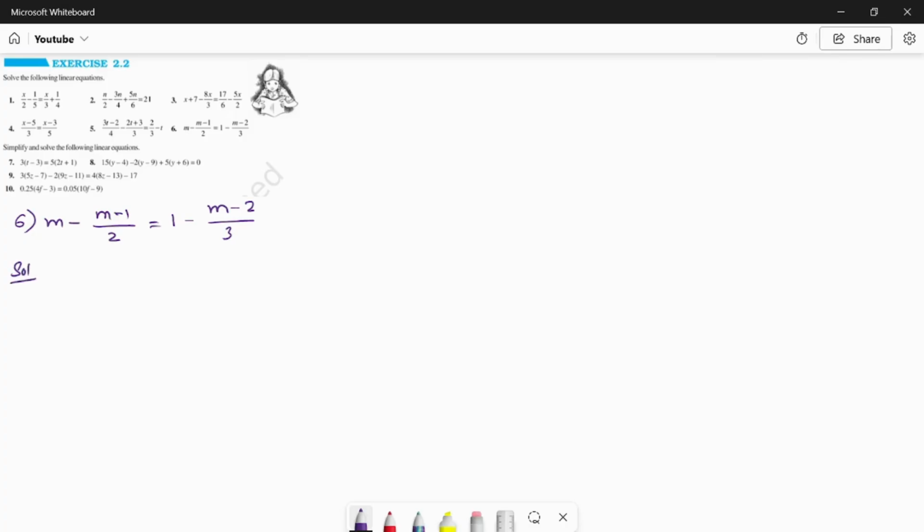Here we have m - m/2 + 1/2 because minus of minus is plus, equal to 1 - m/3 + 2/3.